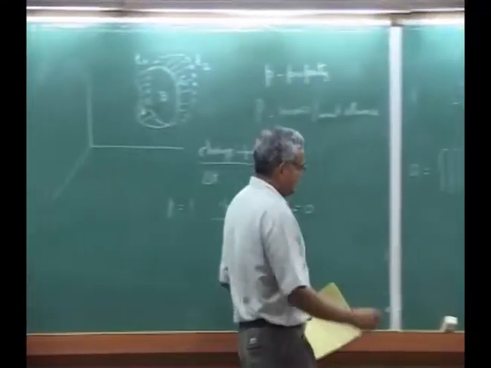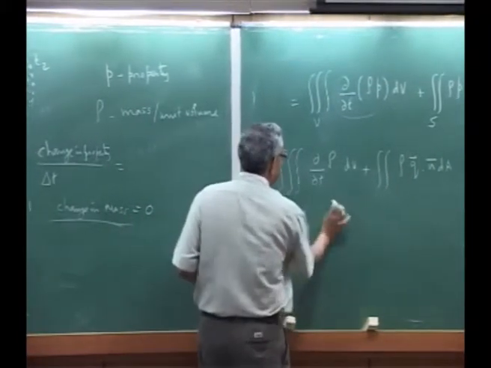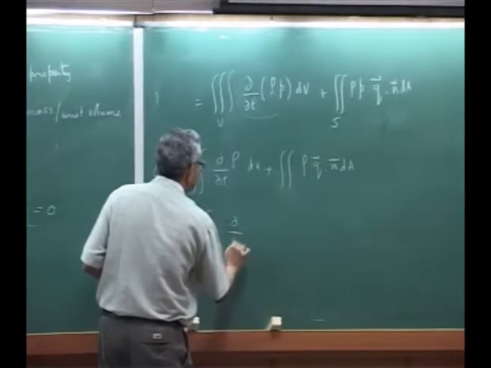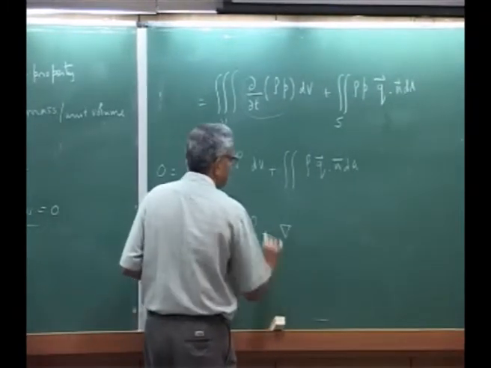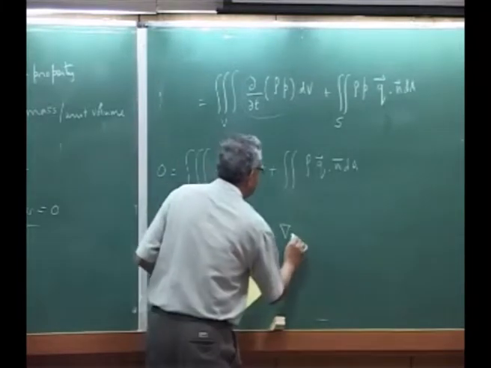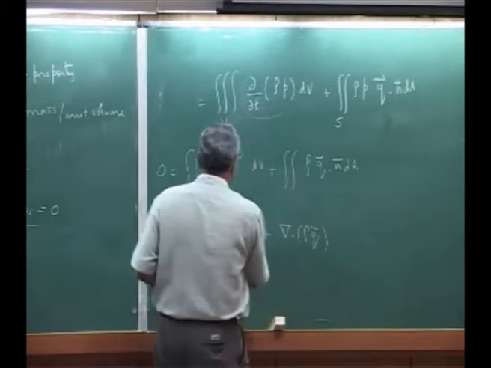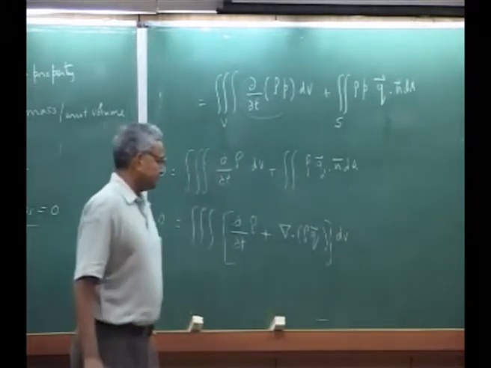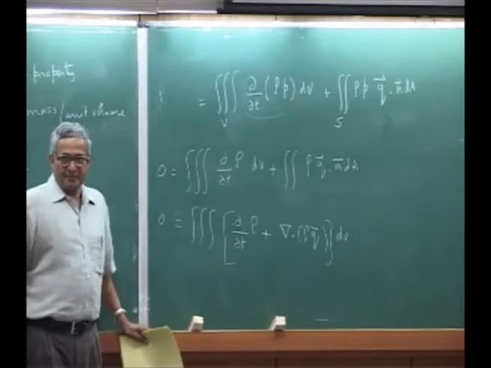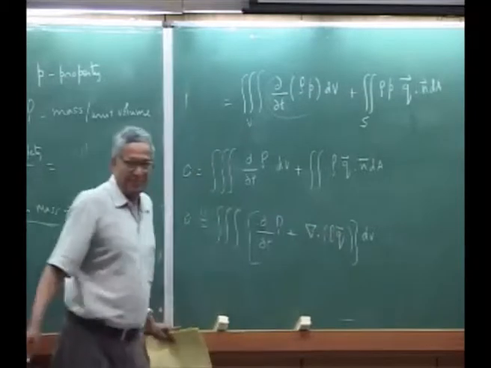So it can be written as 0 equals volume integral of delta rho over delta t plus del dot rho q, dV, since rho q is my vector.